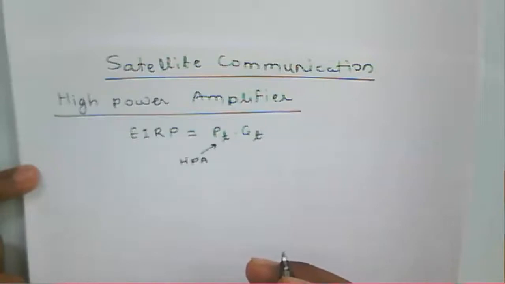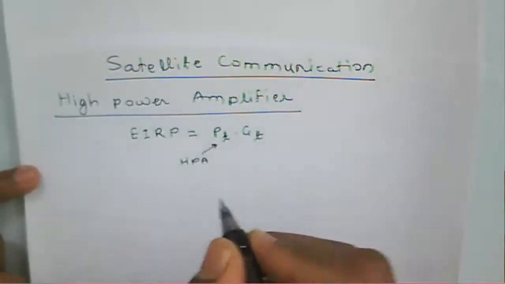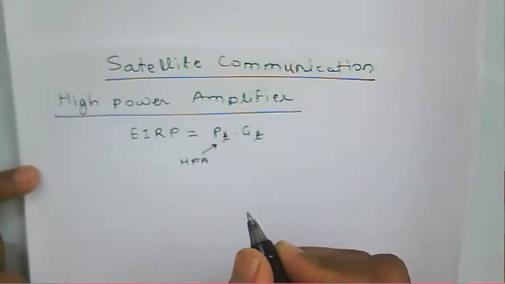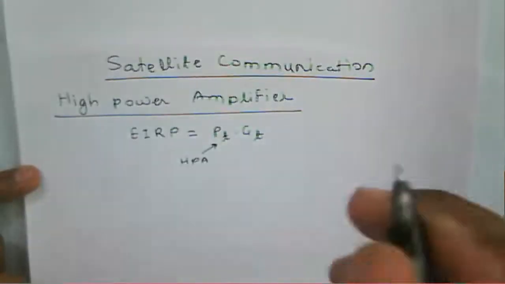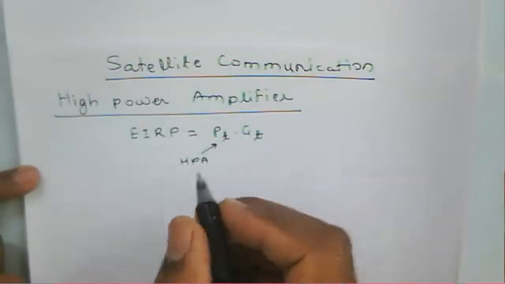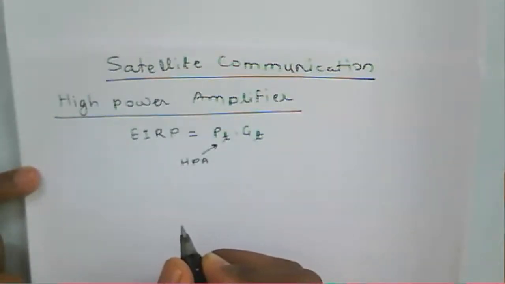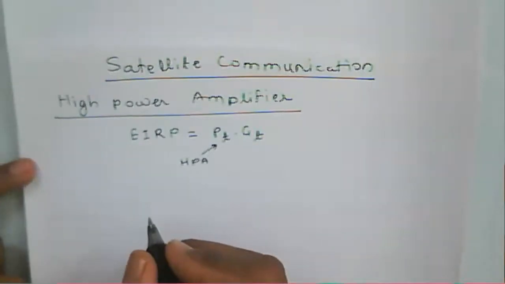In that case, whichever uplink power is transmitted from the earth station does not have any limit on the carrier to noise ratio at the receiver.